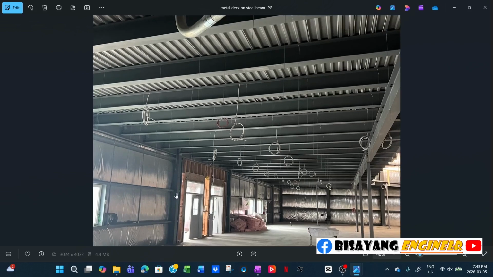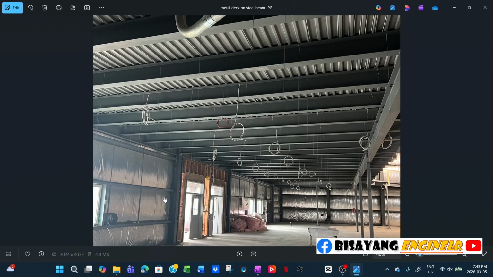So what we did is this is a pre-engineered building, and then we sized the floor framing because this project is so big. It's an arena, and because of budget constraints, it was divided into three phases.